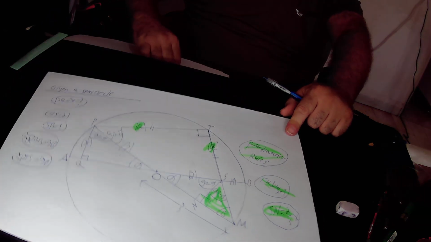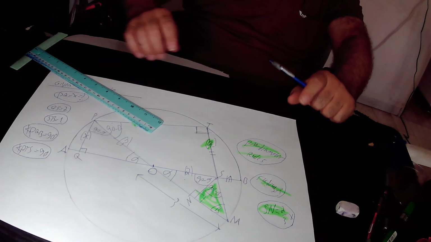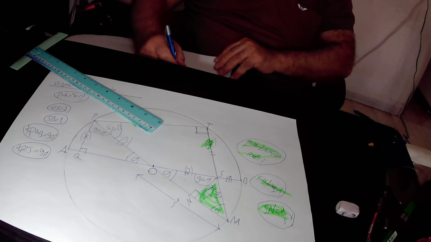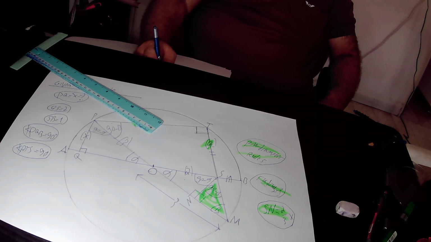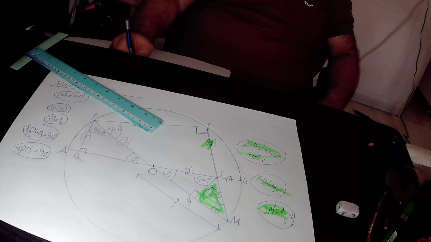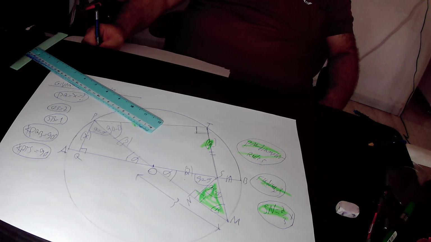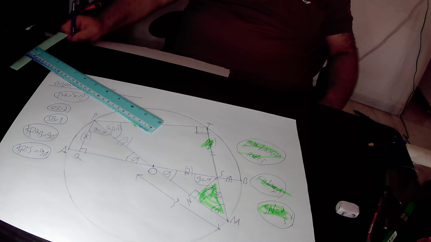So now we should find out that in our original drawing, chord TM intersects with chord AB at point S.